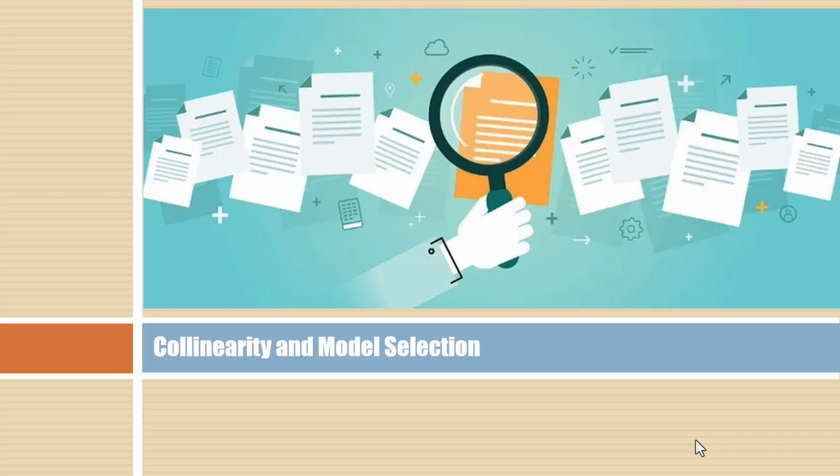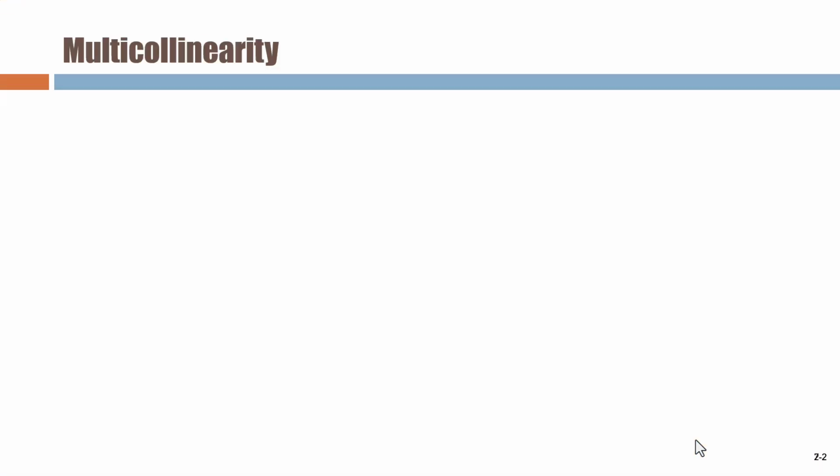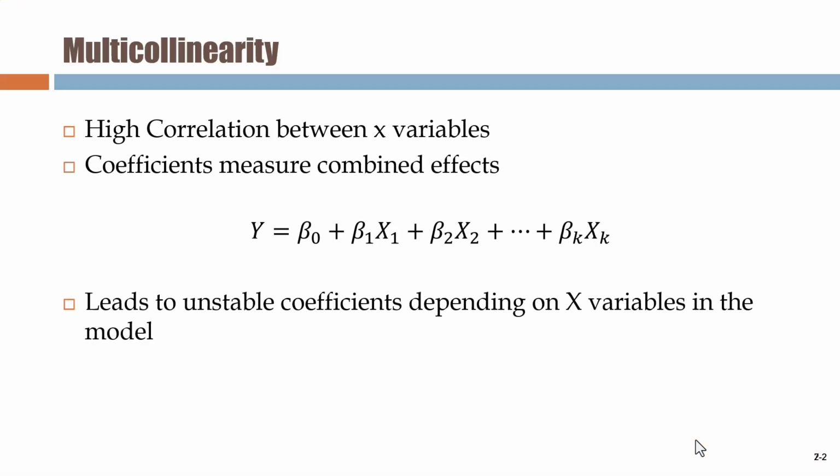Okay, this chapter is the collinearity and model selection. So multicollinearity. Actually, we already talked about the multicollinearity. I think it was at the beginning of the multiple regression. If we have a high correlation between the x variables, then it's going to be a problem.